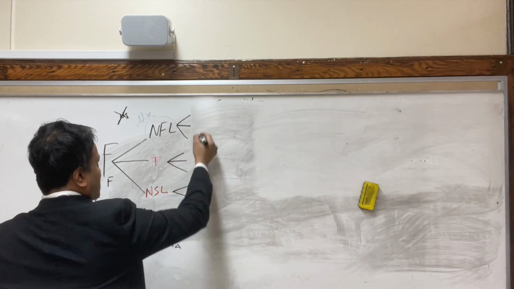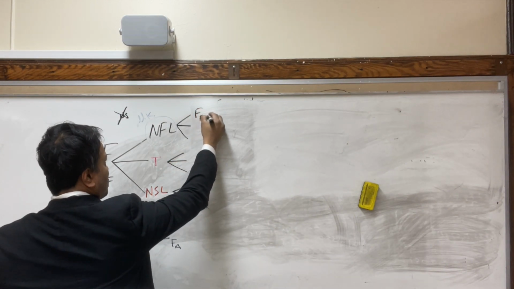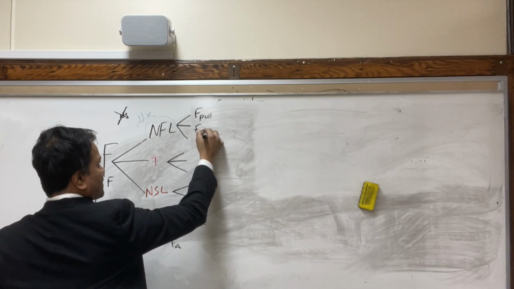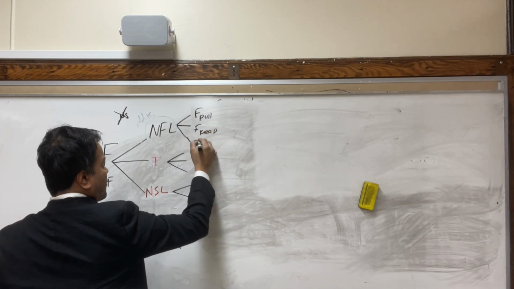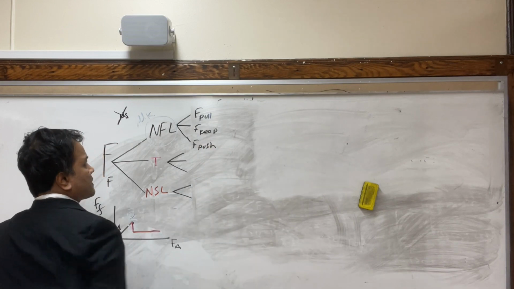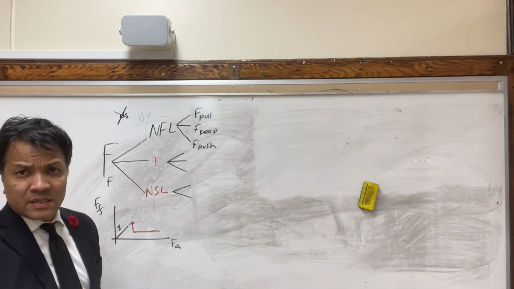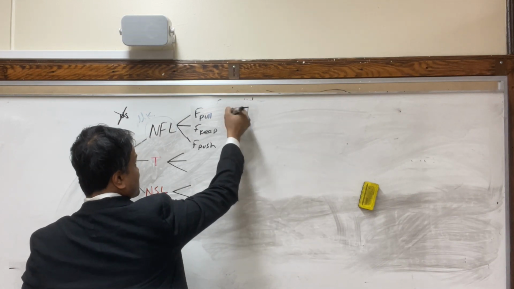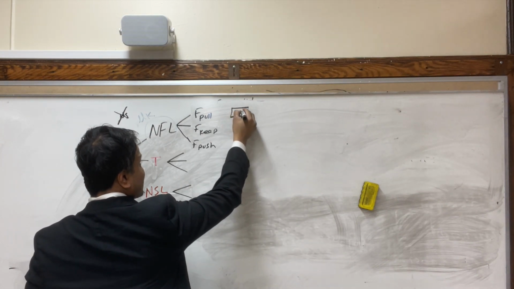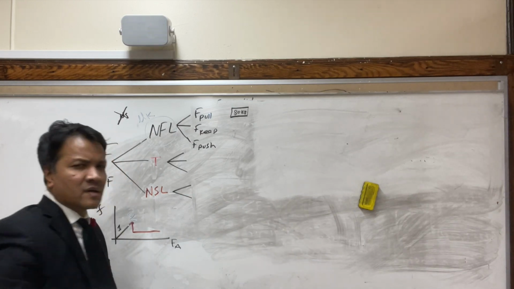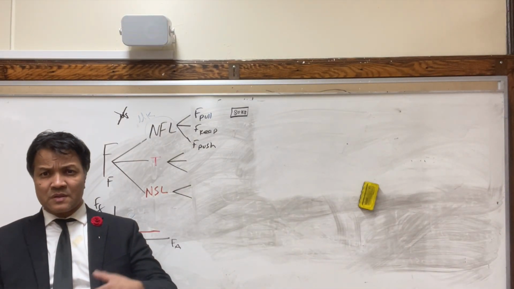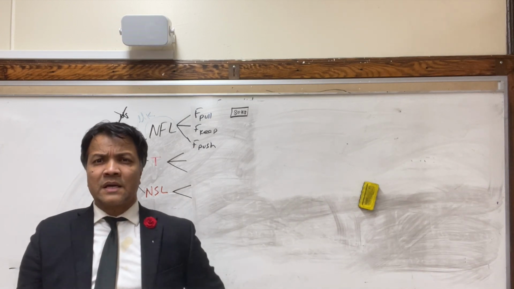I'm going to use F pull, F. Let's make it F pull and F push. Let's give you 3 scenarios. Scenario 1, I'm going to give you a box which is 80 kilograms. Not a box, we are approaching Christmas. That means lots of snow coming.